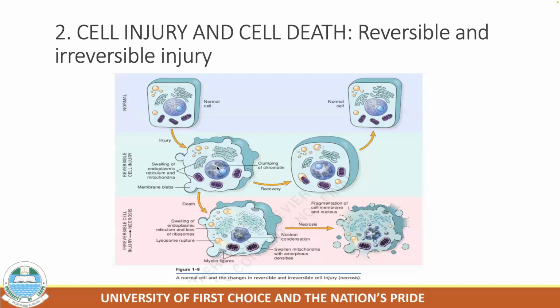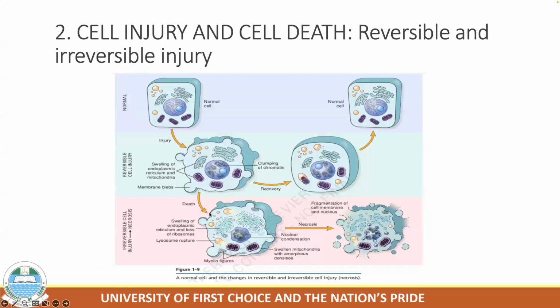There's clumping of chromatin, but no dissolution of the nucleus. There's swelling of mitochondrion, but no breakage of the mitochondrion. There's blebbing in reversible cell injury. So once the stress is removed, the cell can recover and regain its function.